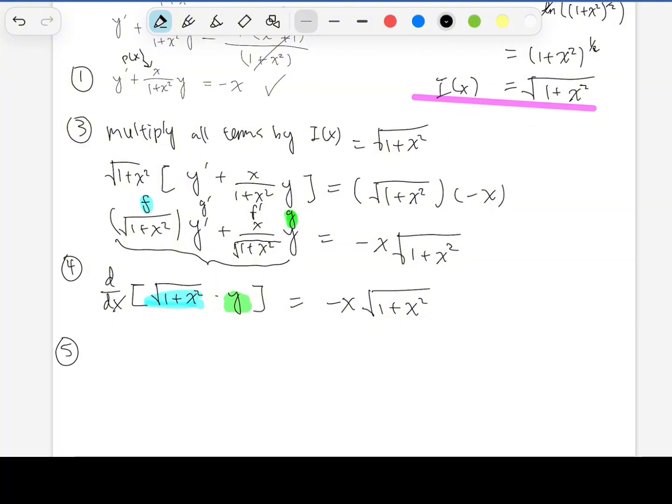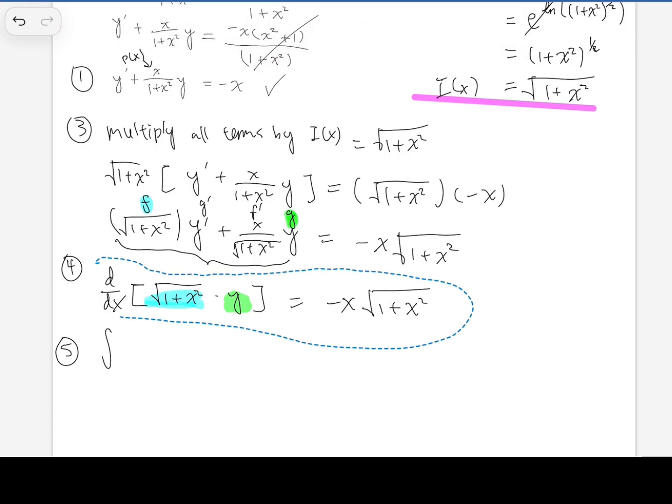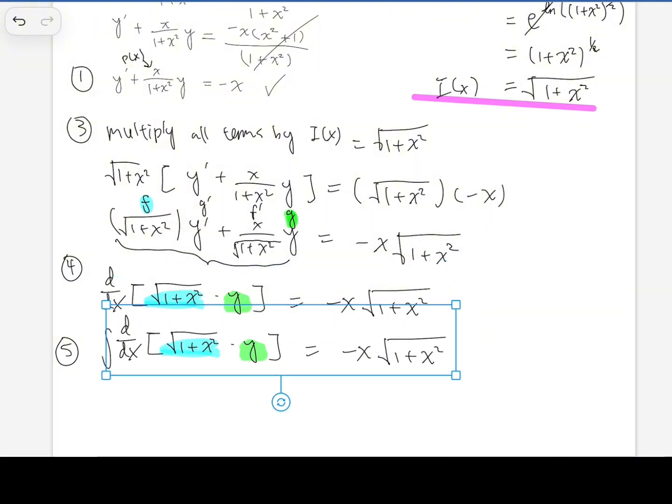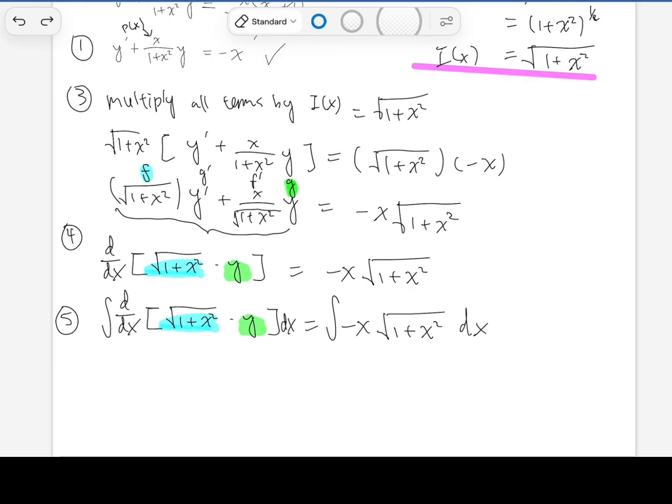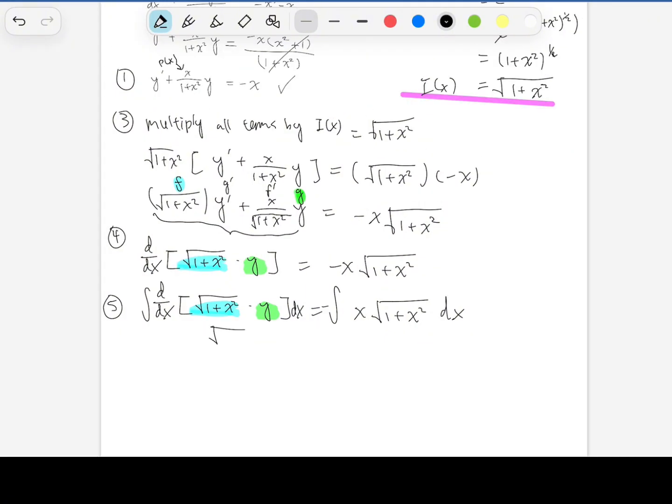Step 5, integrate both sides. I am too lazy to write all this again, so I'm just going to copy and paste it. And I'm just going to bring this negative out to the front instead. On the left side, I will have the square root of 1 plus x squared times y.